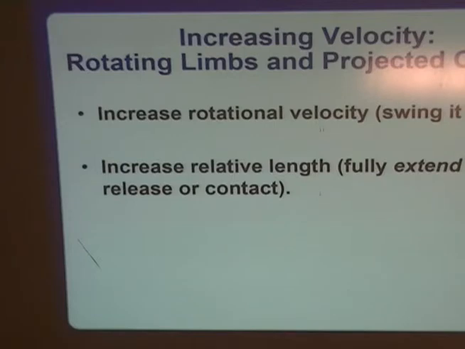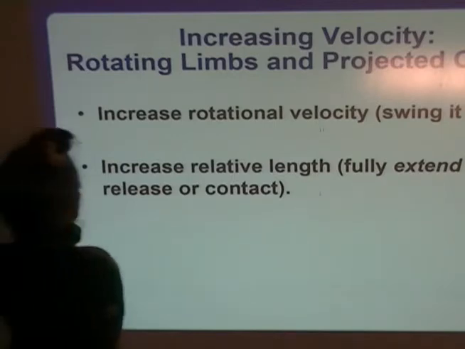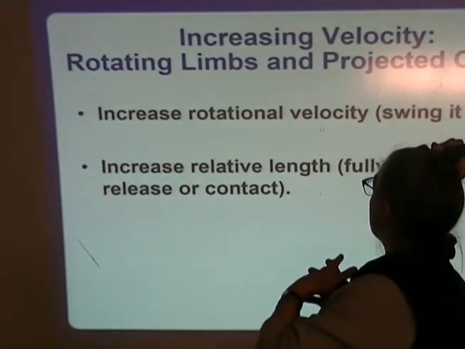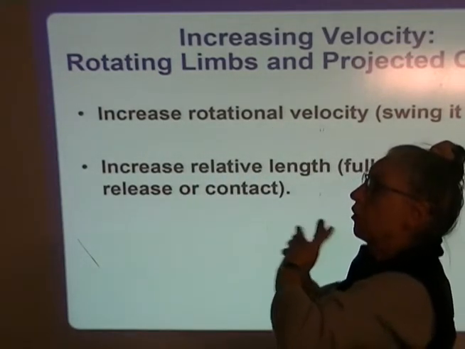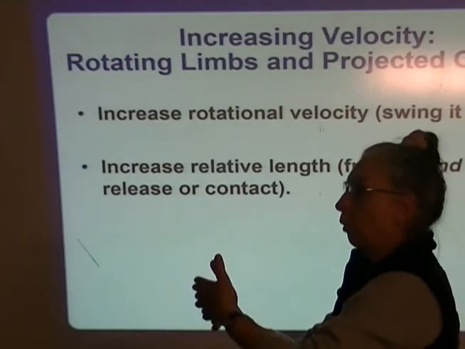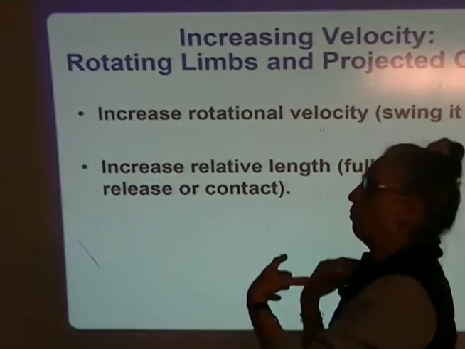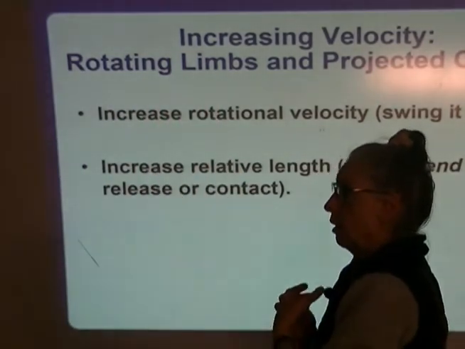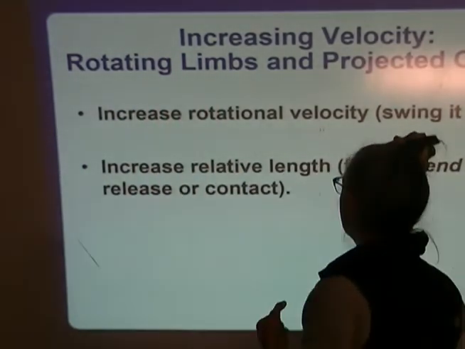It's not technically correct to do that, okay? So we often want to get more velocity on the ball, for example, because more velocity means the ball will go further in a shorter period of time.